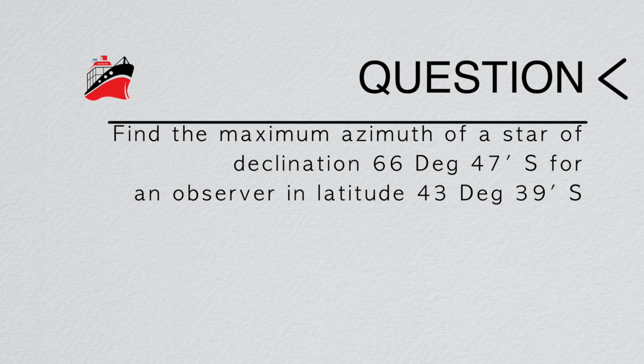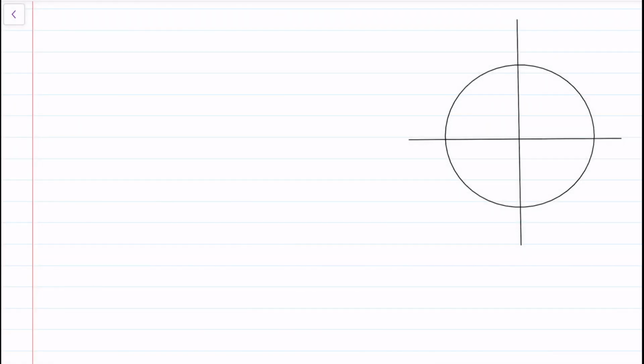Okay, let us solve this question. Find the maximum azimuth of a star of declination 66 degrees 47 minutes south for an observer in latitude 43 degrees 39 minutes south. So we need to draw the diagram first.